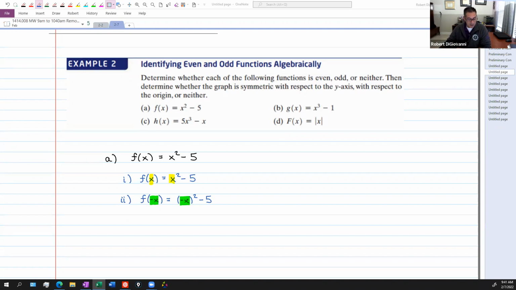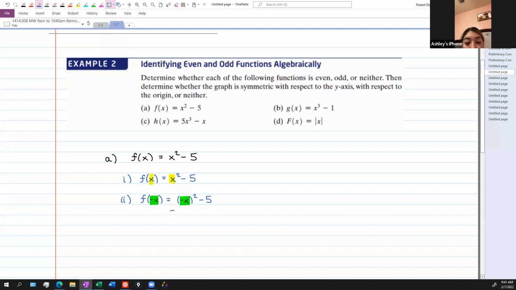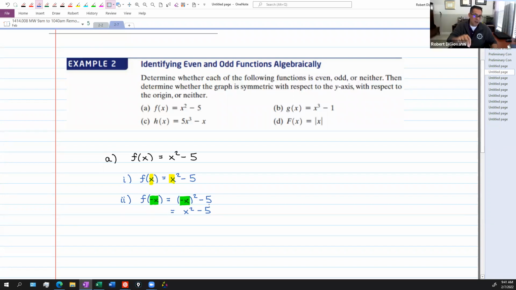Ashley, my question is, if I take a negative value, like negative x, and square it, it would have to turn out to be what? Positive. Positive, right? So this, we know, is the exact same thing as doing just x squared minus 5, right? Yes. Okay, so Ashley, what we've done is we've said, what happens when you plug in x, and we've got an answer. And then we said, what happens when you plug in negative x, and we have another answer, right?